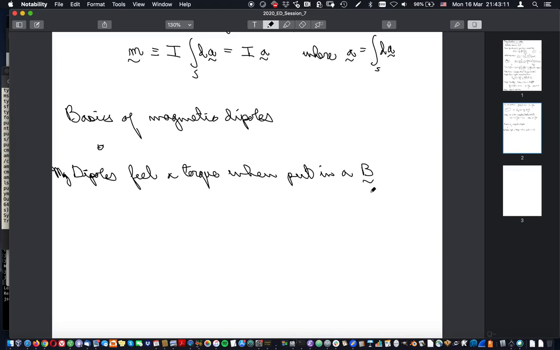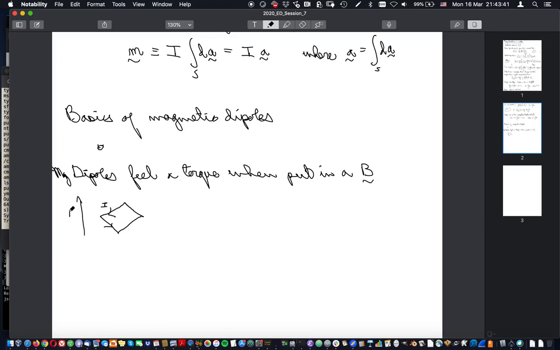Okay, so what's the picture? Let me try to reproduce the simple picture that you can have for this. Let's say you have a current loop of that shape. I've got my current going this way. Current is conserved, so it just circulates around here. And let's imagine that I have a magnetic field which is going up like this.